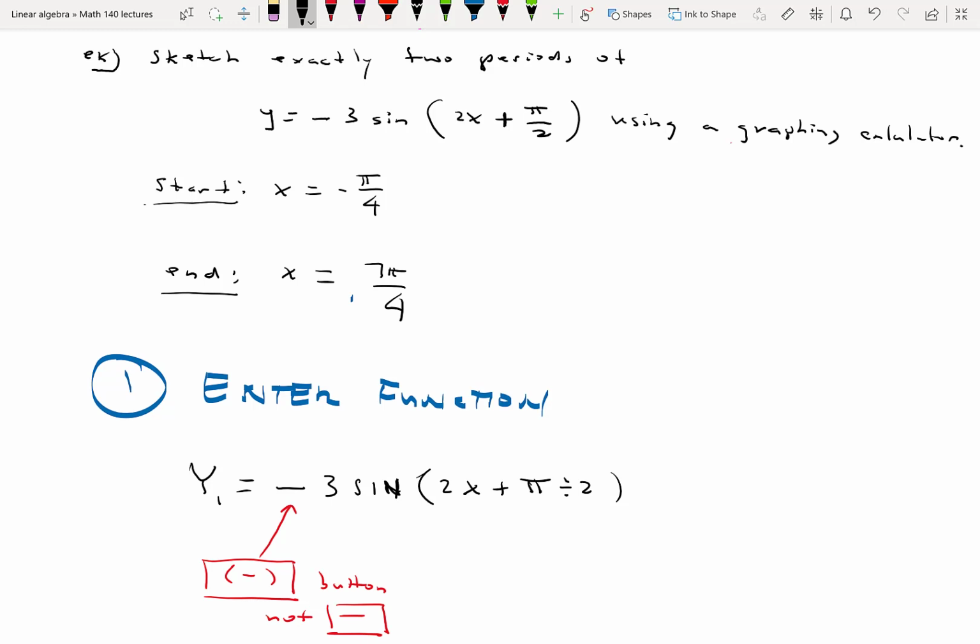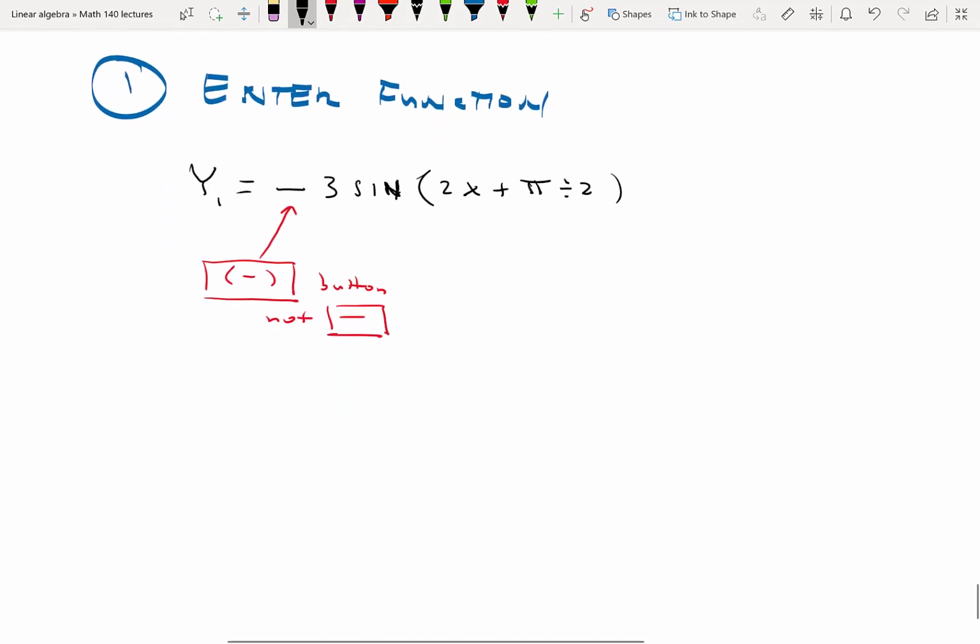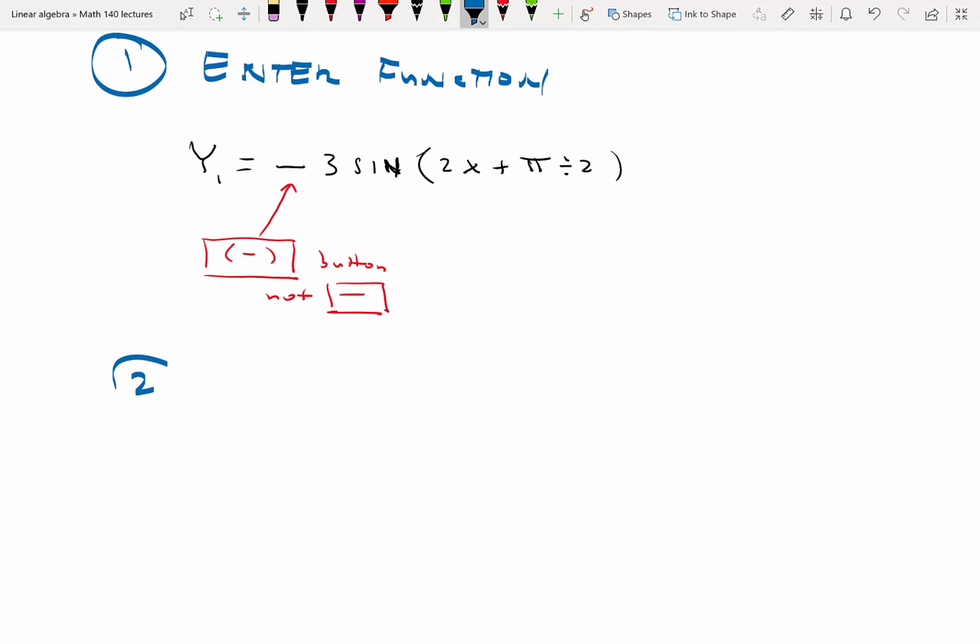So you've got the function entered into the calculator, and then you change the viewing window. So you enter the new viewing window. And the viewing window is going to have some changes.